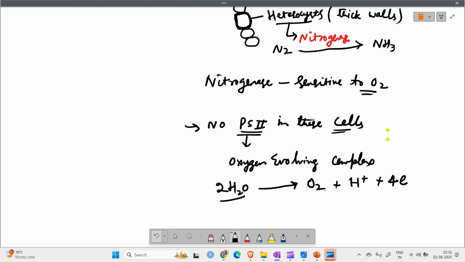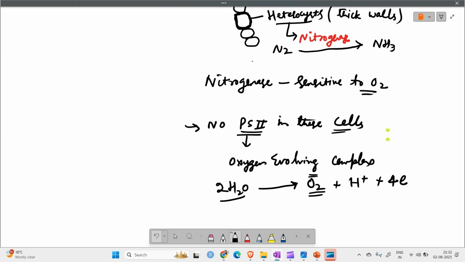Okay, two water molecules are broken down into molecular oxygen. So this PS II is eliminated here to prevent the inhibition of nitrogenase by the oxygen that PS II releases. These are the two modifications: thick cell walls to prevent the entry of external oxygen into the heterocyst, and elimination of PS II to prevent the inhibition of nitrogenase by the internal oxygen produced by PS II.